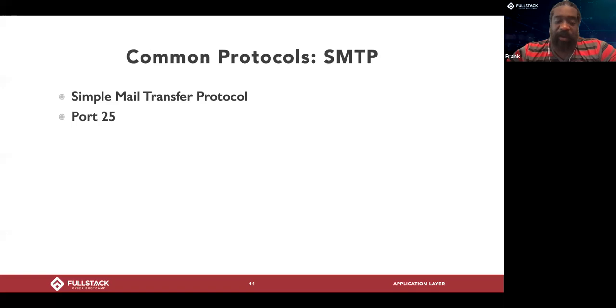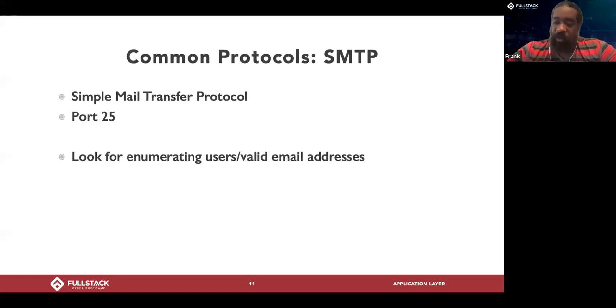SMTP, simple mail, works over port 25. When you're trying to crack an SMTP server, there is a command, VRFY, which you can use to verify which accounts exist. Once you get a valid username, you can go about trying to get a valid password.